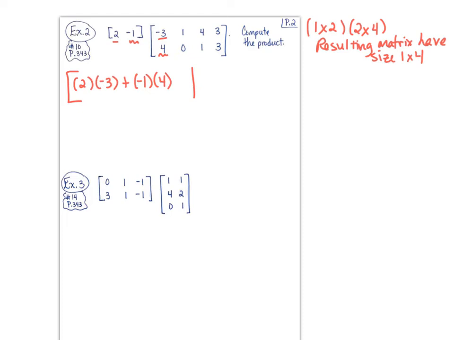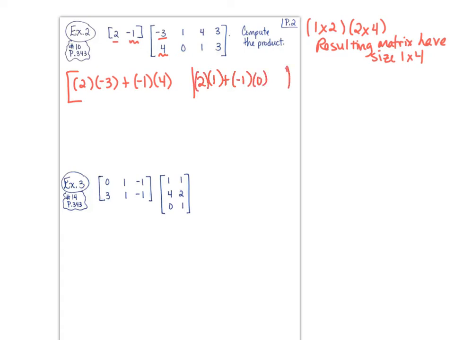So what would be the next one? So we multiplied the first row by the first column here. So you do 2 times 1 and then negative 1 times 0? But what goes in between? Plus. Good. So 2 times 1 plus negative 1 times 0.